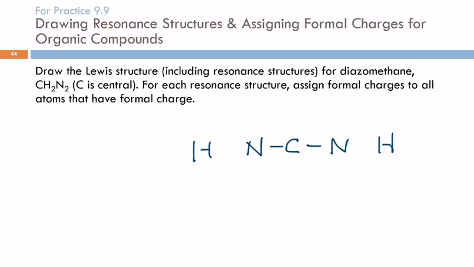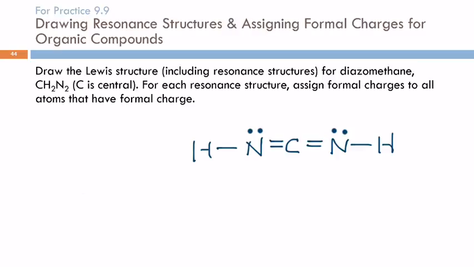2, 4, 6, 8, 10, 12, 14, 16. So if we move this one in, we could do that. And then we could move this one over here. Is everyone happy there?